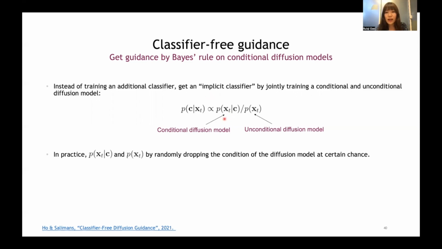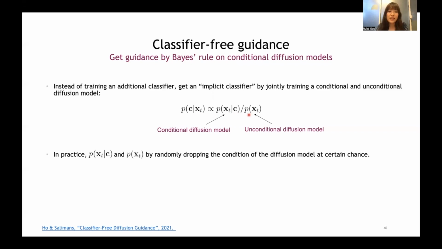Suppose we have p(x given c), where the score can be derived by a conditional diffusion model, and we also have the score of an unconditional model p(x), and then we can derive an implicit classifier p(c given x), which should be proportional to p(x given c) divided by p(x).